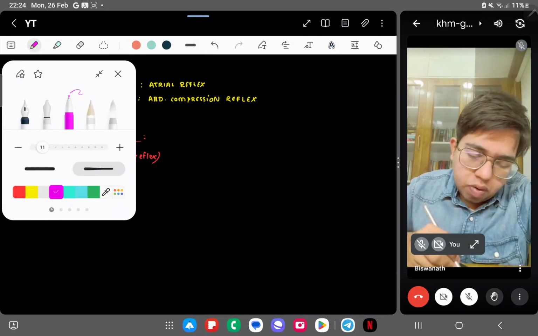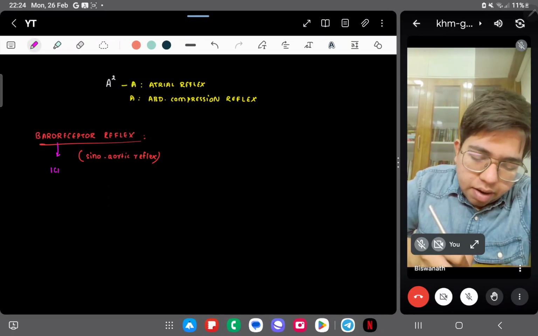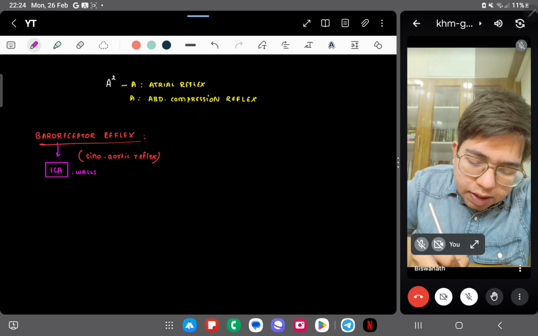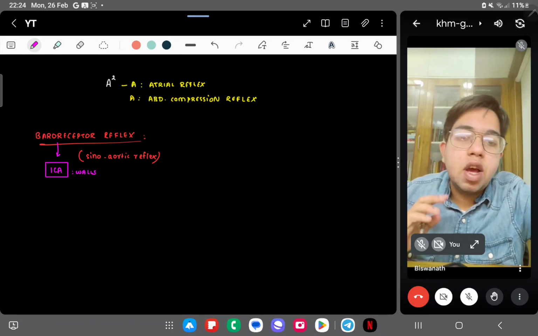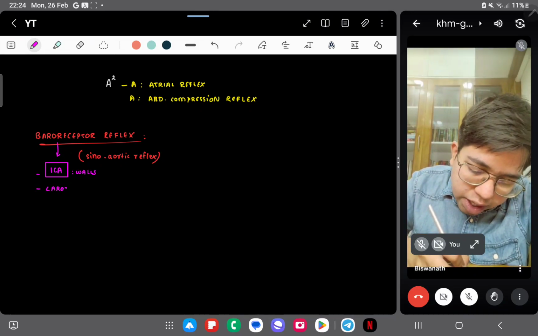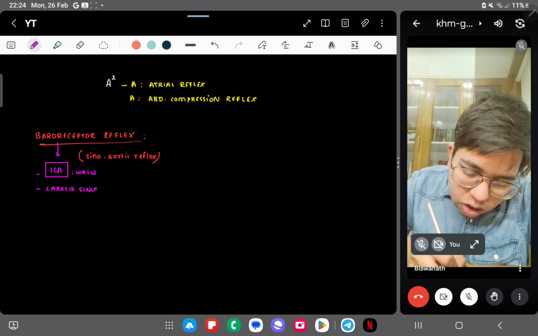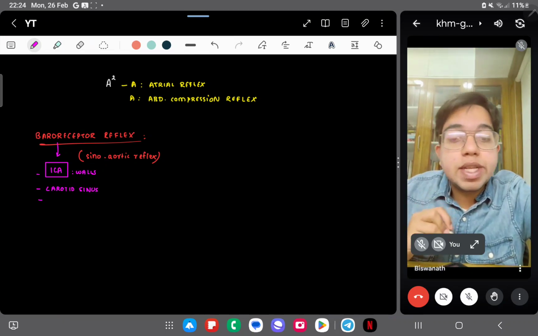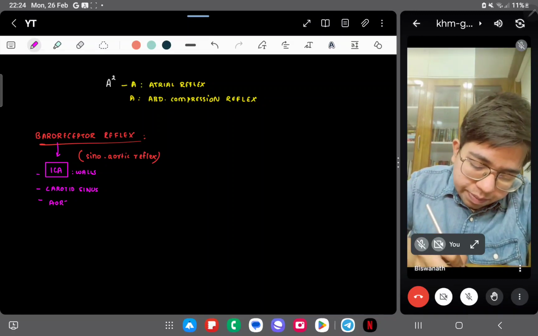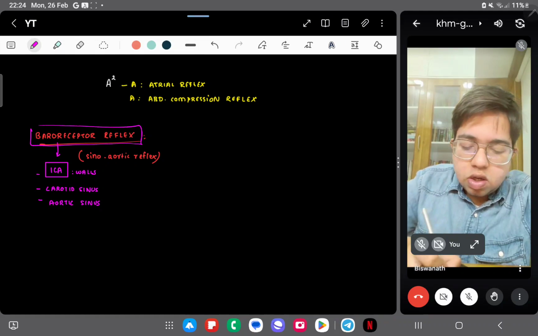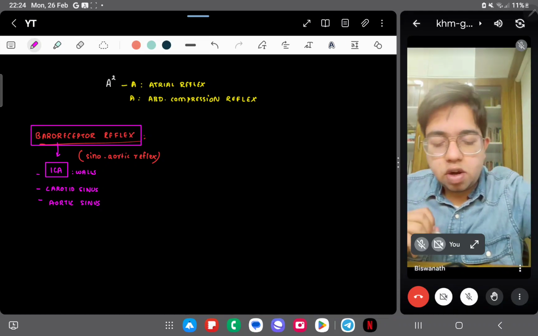Baroreceptors, if you know, we have the internal carotid artery. In the walls of your internal carotid artery, we have your baroreceptors. Baroreceptors are also present in your carotid sinus, not the carotid body, just note carotid sinus, and they are also present in your aortic sinus. So that is the location of your baroreceptors.